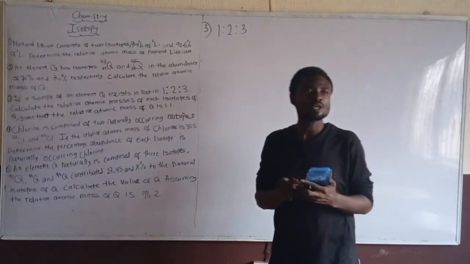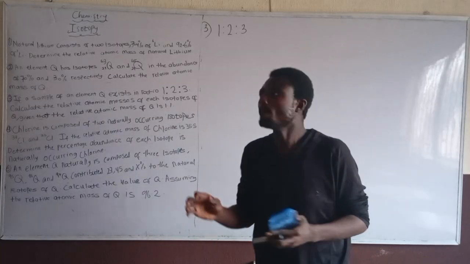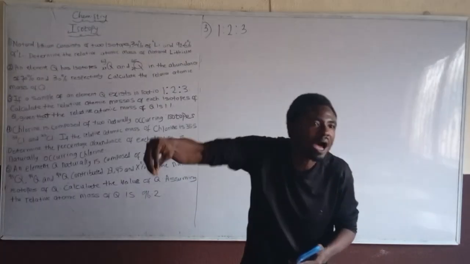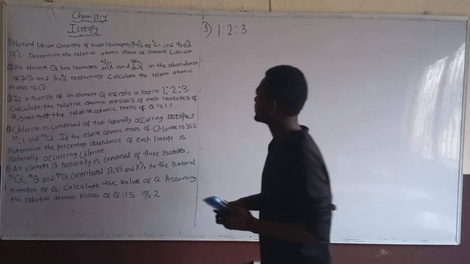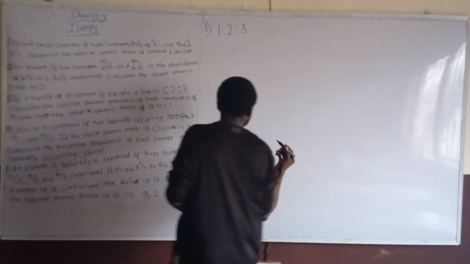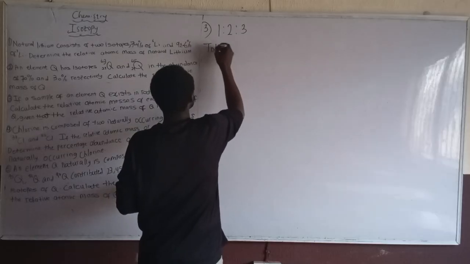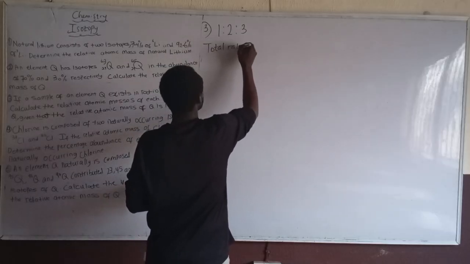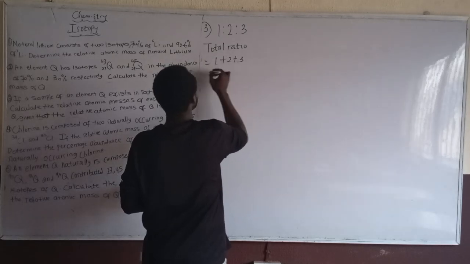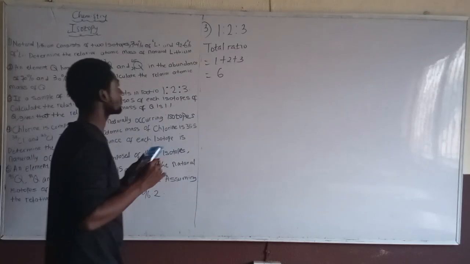This time around, we have our RAM, but we are looking for the atomic masses of the individual isotopes. Because there are 3, in the ratio 1:2:3, the first thing is my total ratio, which is 1 plus 2 plus 3, that is 6.